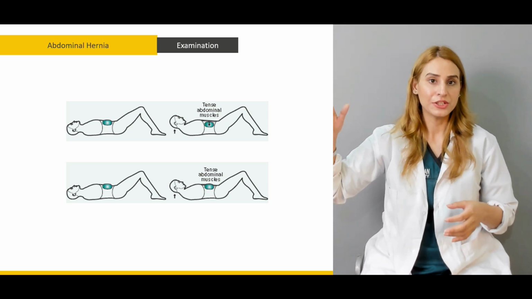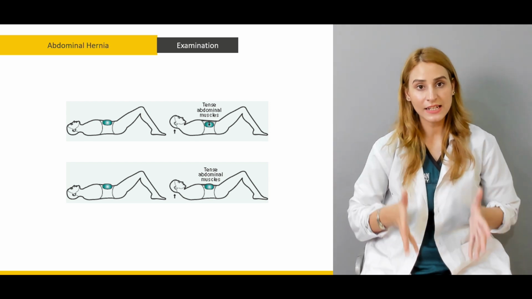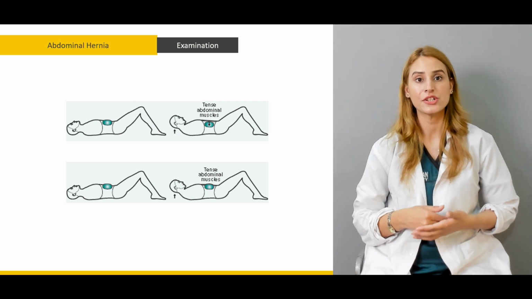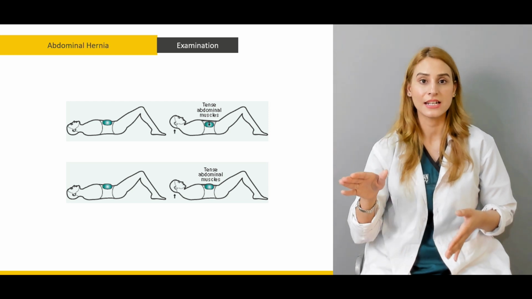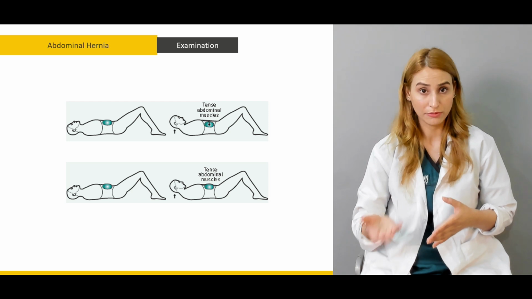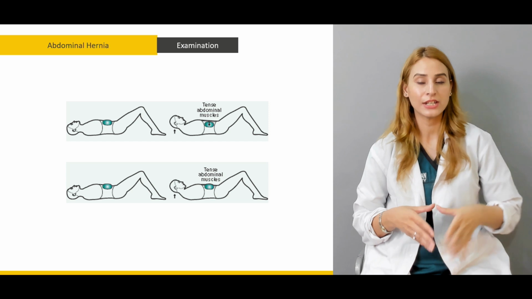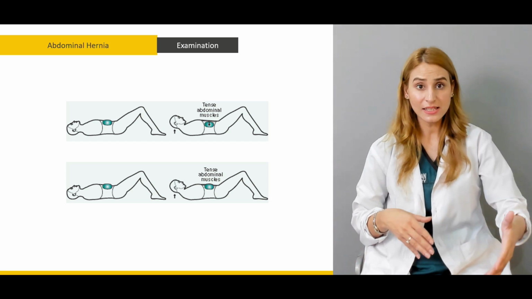Whenever the patient is in a standing position, there is an increase in the intra-abdominal pressure, which pushes the contents, and you can see the hernia become visible. So you will examine the patient lying down and standing, and you'll ask the patient to cough.